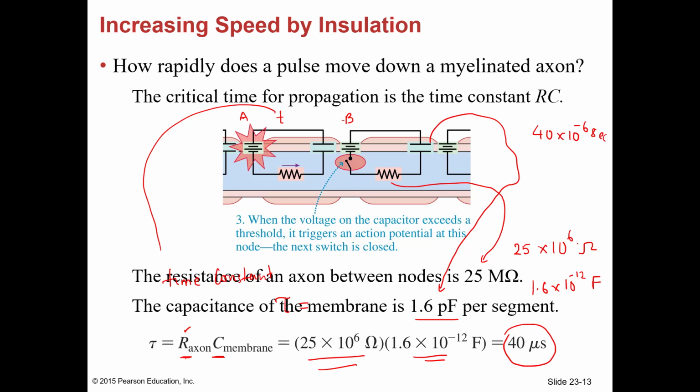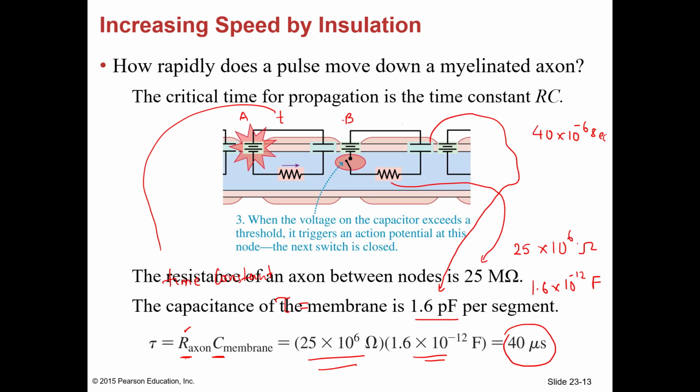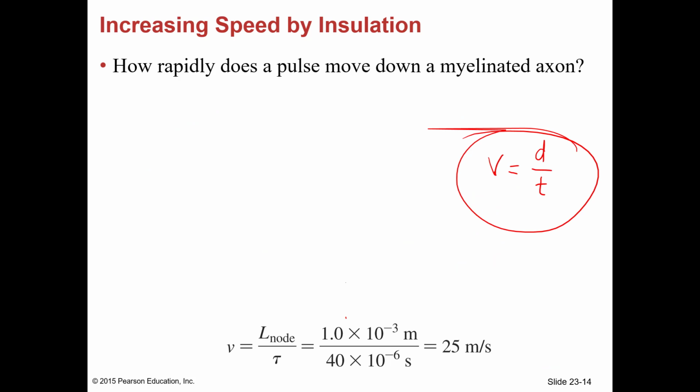Now we want to find the speed, not just the time. From basic physics, speed is defined as distance over time. The distance between the two nodes, from point A to point B, is about 1 millimeter, and the time to get from A to B is 40 microseconds.